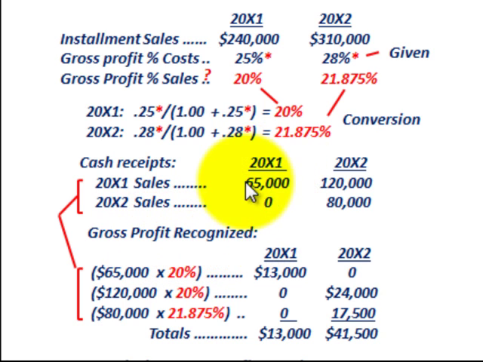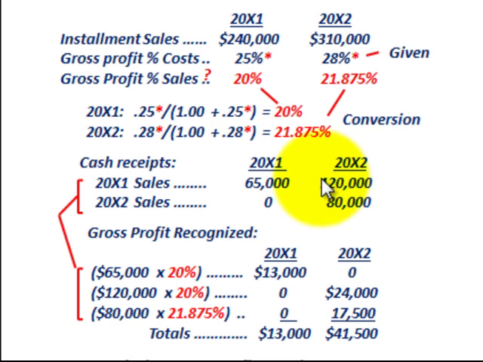For the first amount, the 20x1 sales with cash receipts of 65,000 in year 20x1, you take your cash receipts, 65,000, times the gross profit as a percentage of sales that we recalculated at 20% for year 20x1. That's going to give us $13,000.